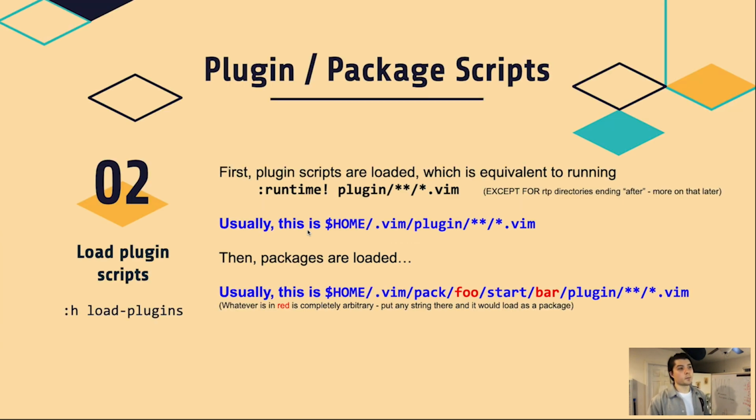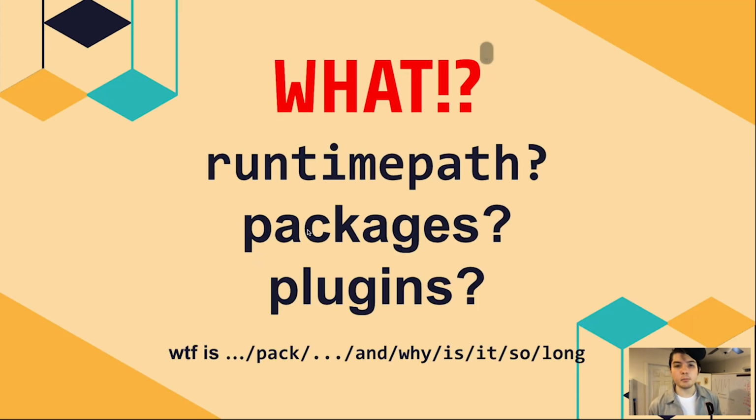Well, without being too complicated, basically what happens is plugins are loaded from plugin/**/*.vim, and this is usually ~/.vim/plugin/**/*.vim, and then packages are loaded, and then blah blah blah. What am I talking about?